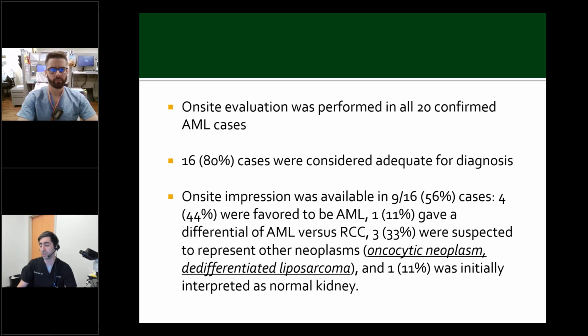The evaluation of glass slides and/or pathology reports revealed the presence of major angiomyolipoma components in the cases that were looked at under the microscope, such as adipose tissue, spindle cells, and blood vessels as well.